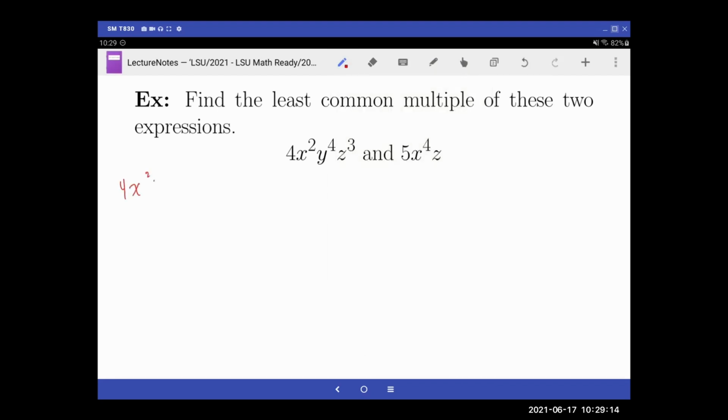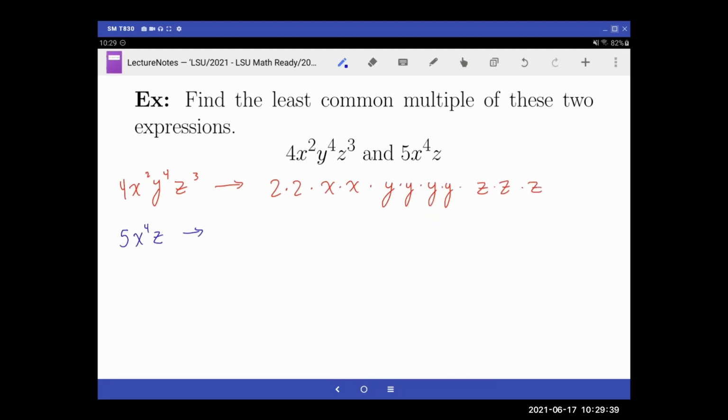4x squared y to the fourth z cubed is the same thing as 2 times 2, right? That's 4 times x times x times y times y times y times y times z times z times z. Okay, this is the long way to do it, but it works, okay? And once you understand this method, you can of course shorten it.